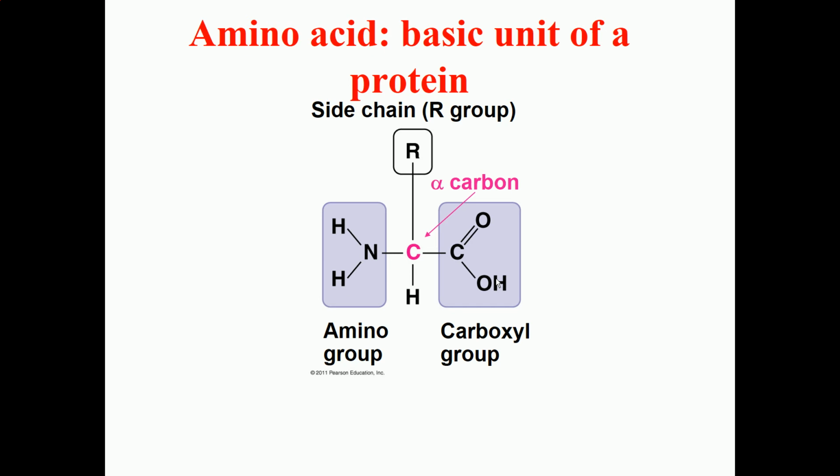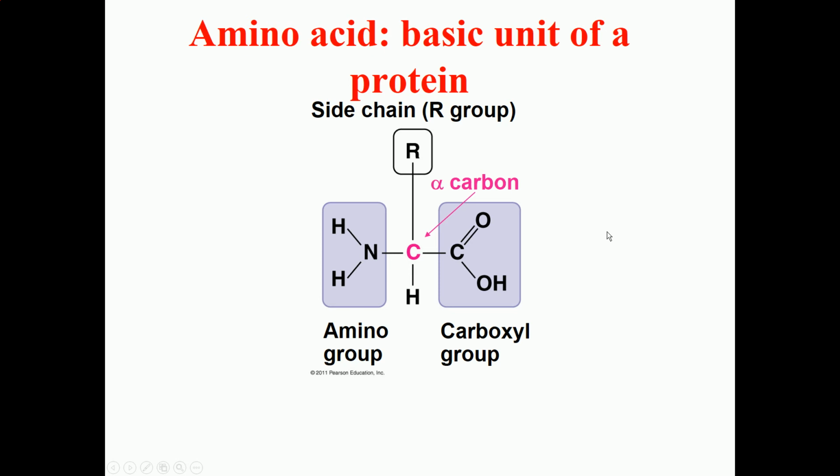There are 20 different amino acids, and all amino acids have a basic structure. What is the basic structure of the 20 amino acids? All the 20 amino acids will have a carbon, called the alpha carbon, attached with 4 different atoms or groups: hydrogen, the carboxyl group, the amino group, and the fourth one, the R group.